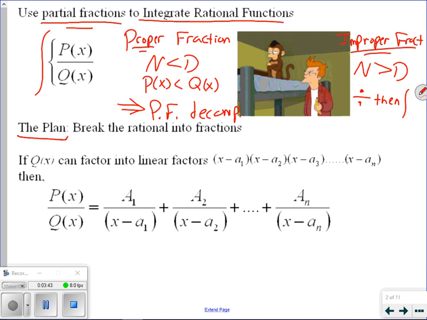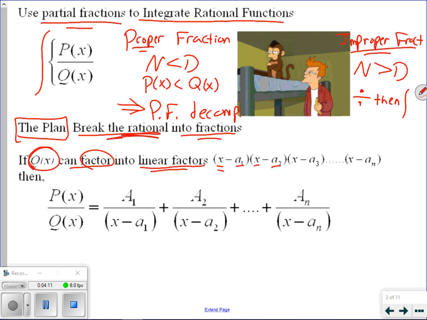The big plan here is that we're able to break the rational into smaller fractions. This works if q of x, the denominator, can be factored into linear factors. Today is all about having linear factors. We know what linear factors are from when we factored quadratics. It's whenever you have x minus a number, x minus another number.